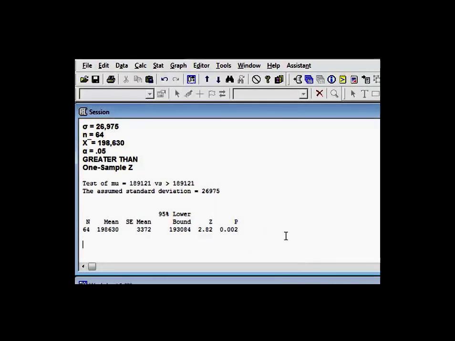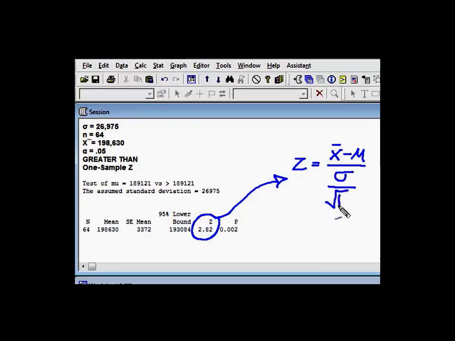There everything is. So I'm using a critical value approach, and so I'm really after kind of one piece of information here, and that is this z-score. This z-score is my test statistic, right? So some of your lessons will say calculate a test statistic, and what I know is that z has been found by taking x bar minus mu divided by standard deviation divided by the square root of n.